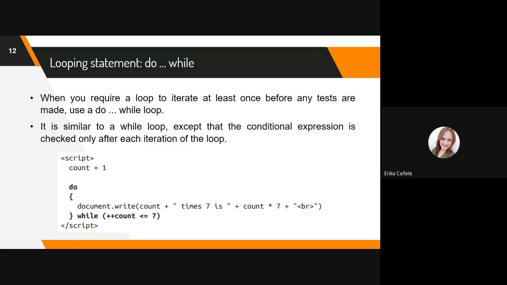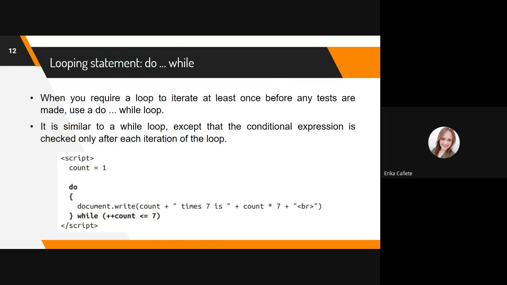That means it will output the first set of values. For example, we'll be using the 7 times table. You could use code such as in this one, in our example.